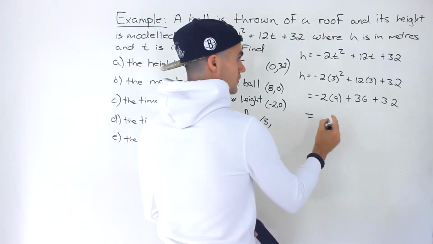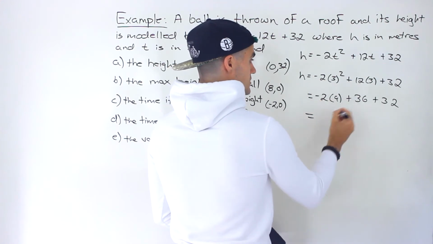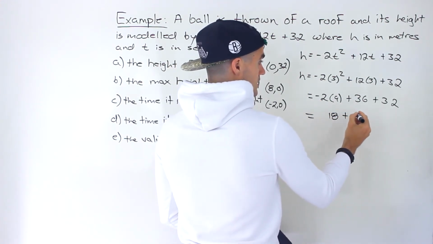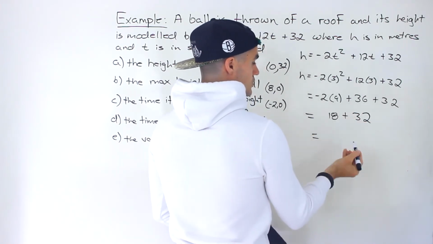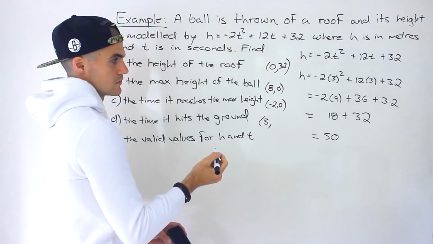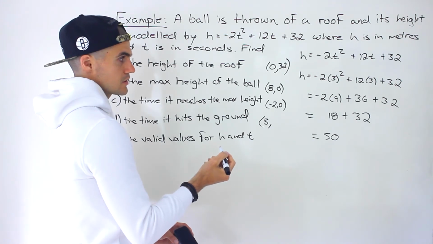So here, what we would have is what? Negative 18 plus 36 would give us positive 18, right? Yes, plus 32, which would give us 50. Let me just quickly double check my algebra.